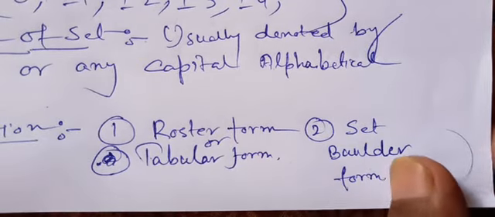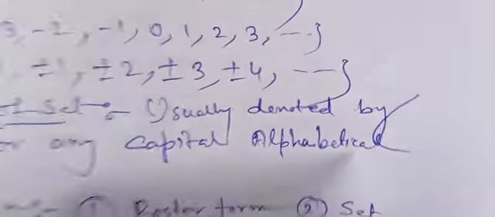Next, roster form I have already shown you. So next I have to show you the set builder form. What is set builder form? Suppose we have to write a set.